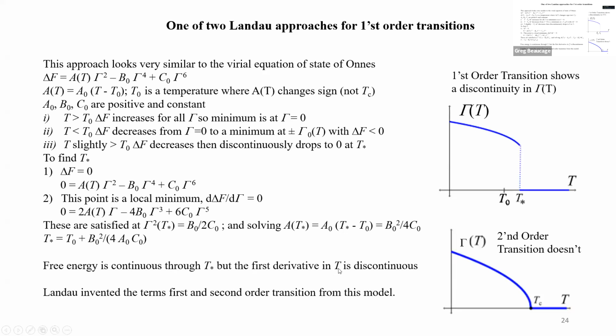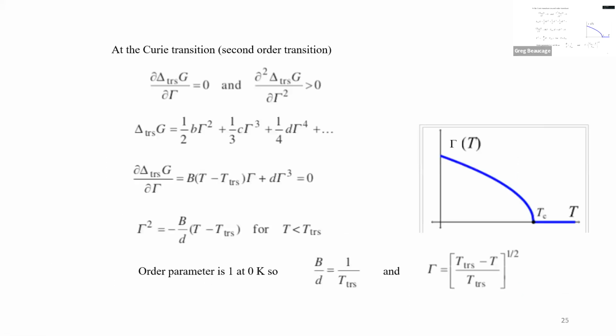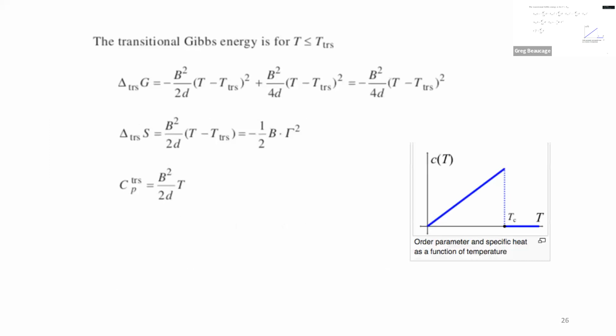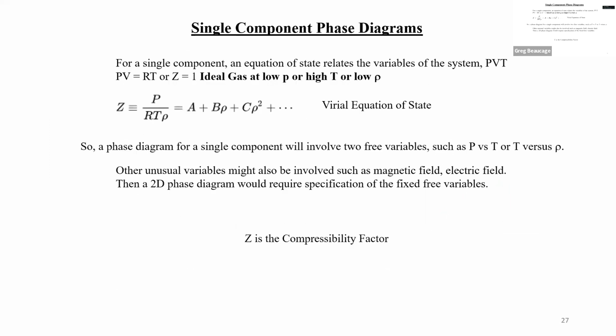The first derivative of T is discontinuous. All right, I just can't do it right now. My brain's jumbled on this. I'll do it next time. But anyway, adding this other term allows you to get a first order transition out of this. So you just have to live with that.